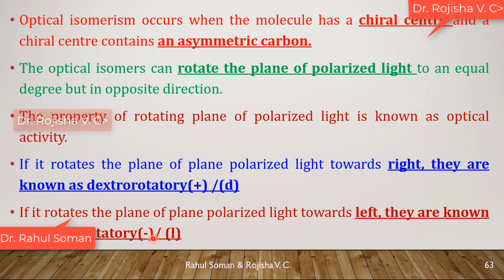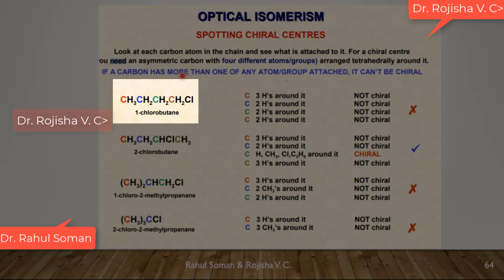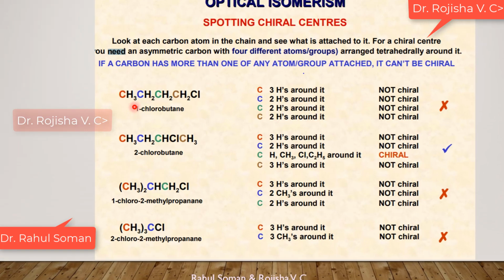Yes, very clear. As we said, for an optical isomer there should be a chiral center. Here in 1-chlorobutane, there is no chiral center present, because the hydrogens on the carbons repeat.